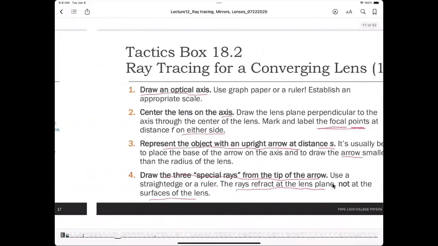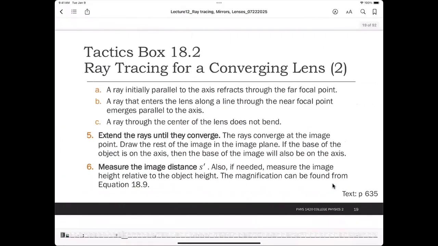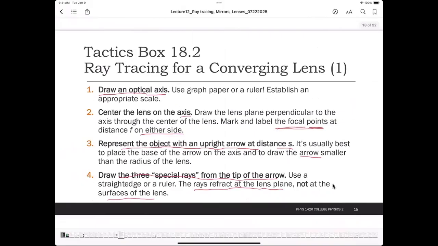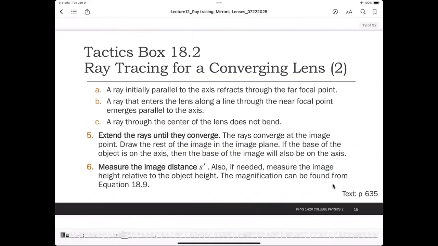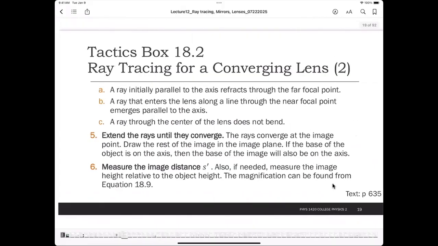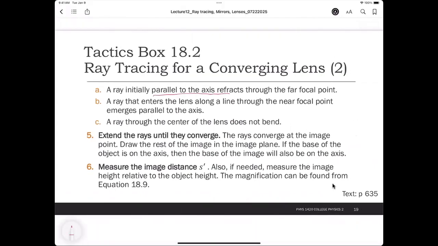For the three special rays: the first is a ray initially parallel to the axis, which refracts through the far focal point. The second is a ray that enters the lens along a line through the near focal point and emerges parallel to the axis. The third is a ray through the center of the lens, which does not bend.